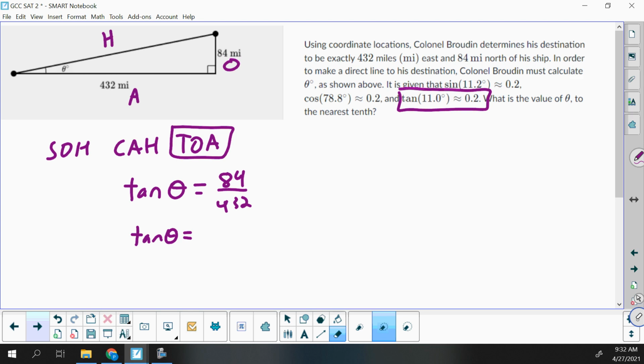So we should be getting that it is 0.2. Well, notice tan theta equals 0.2 when we're trying to find theta. They told us here tan of 11.3 is equal to 0.2. So that means that we know that theta is equal to 11.3 degrees.